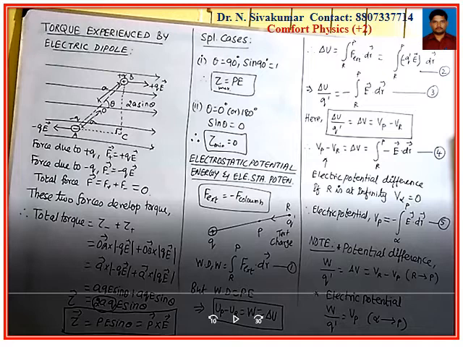Therefore the electric potential Vp is equal to minus the integral from infinity to point P of E vector dot dr vector. The potential difference is nothing but the work done to move a test charge from one point to another point, here from point R to P. Therefore delta V is the potential difference. If you move a test charge from infinity to the point P, then it becomes the electric potential, that is W by Q dash, equal to Vp.